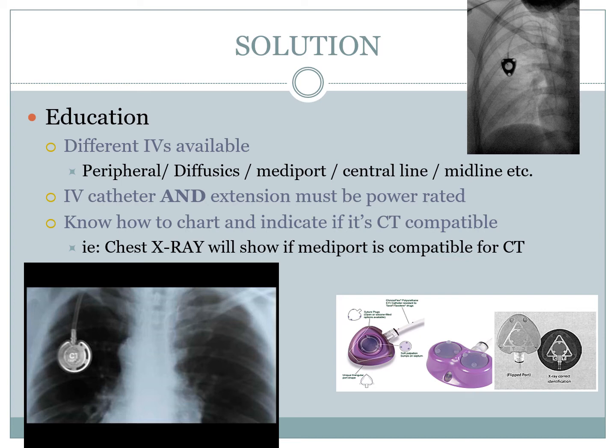Diffusix is a type of IV access. So a regular IV catheter is a tube on one end. So it's kind of like a straw. That's the regular IV access. You have different gauges, and it's just like a straw. That's a regular IV access.